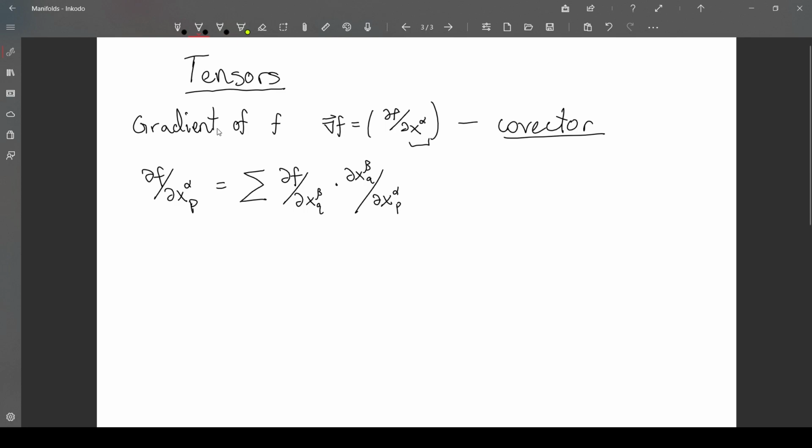So here we are summing over beta, which runs over the dimension of M, where M is a manifold. And these are the components of the gradient of f on Q. This is essentially the transformation rule.